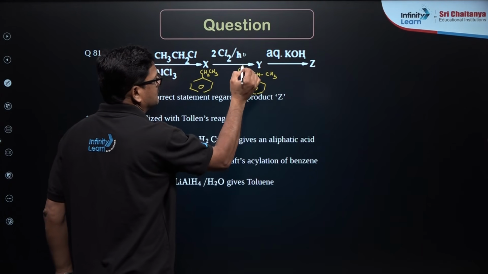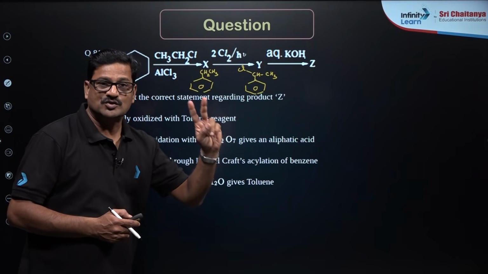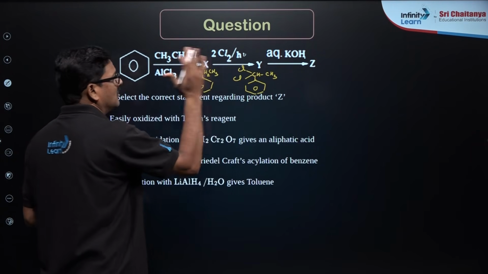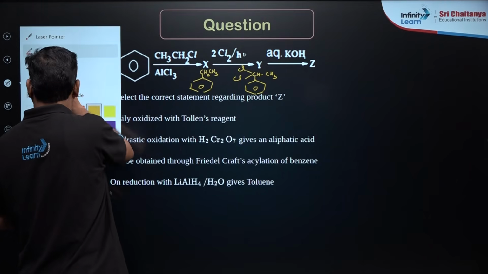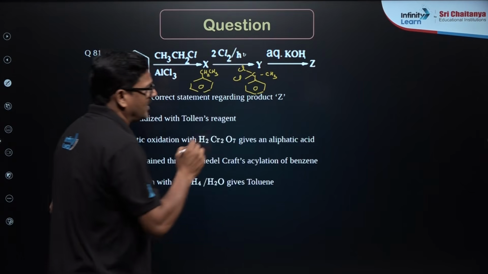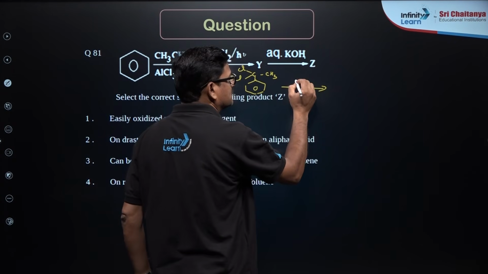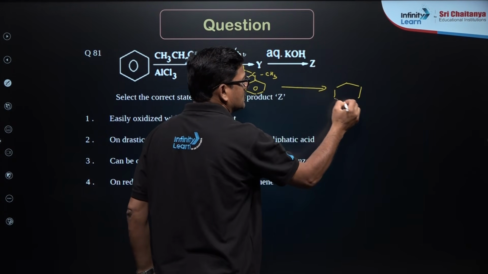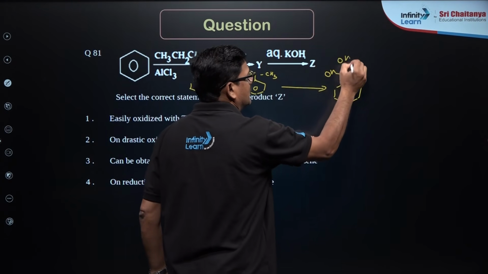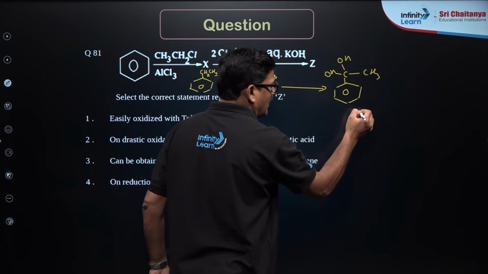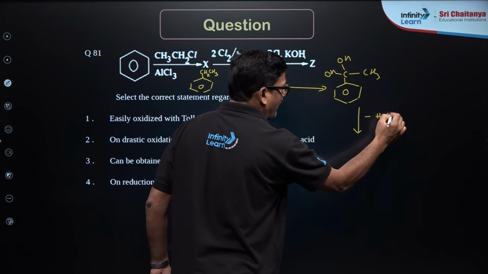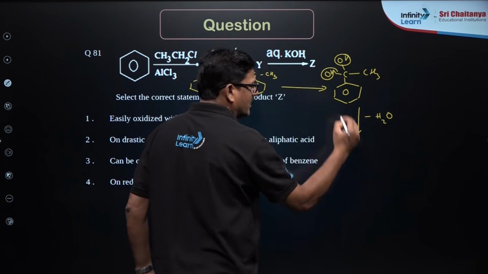Here it is given 2 moles of Cl2, therefore I can make one more chlorine here, so that if it is hydrolyzed by KOH, you are going to see C(OH)2 and CH3, and this is dehydrated automatically because it is a geminal diol.